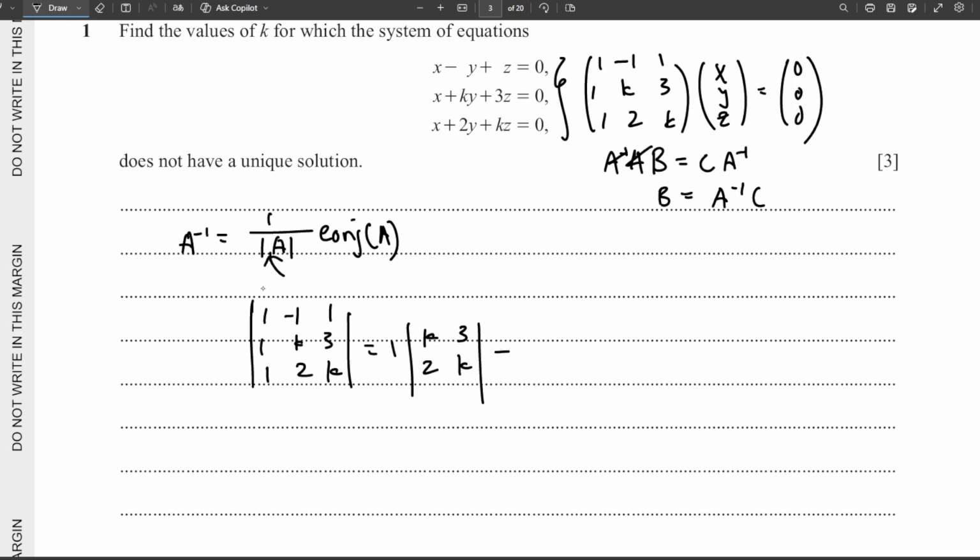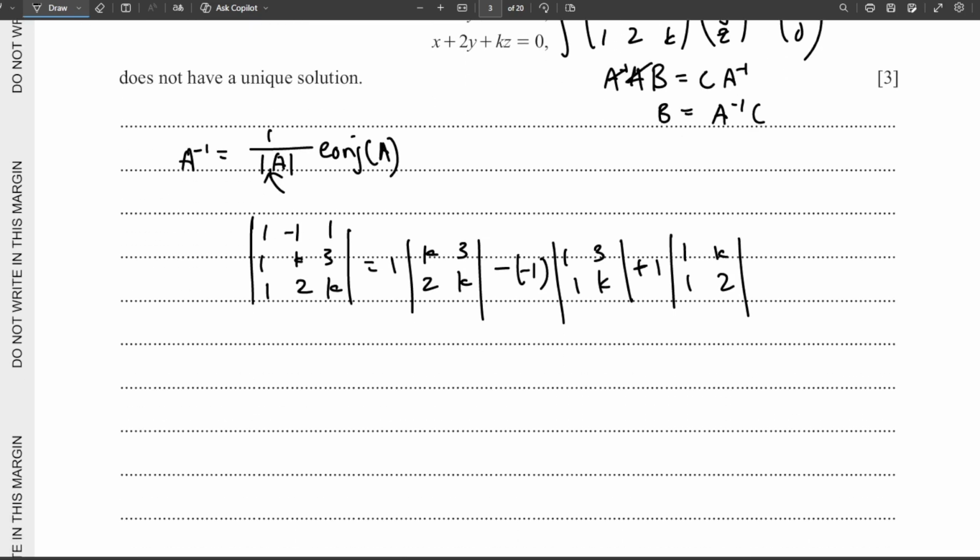Then you minus, as it goes plus, minus, plus and alternates, so you have to be mindful of the signs. Conventionally we take the second column as the minus part, so minus -1, and cover the row and column, you are left with 1, 3, 1, k. Last one, we add 1 multiplied by the determinant of 1, k, 1, 2.